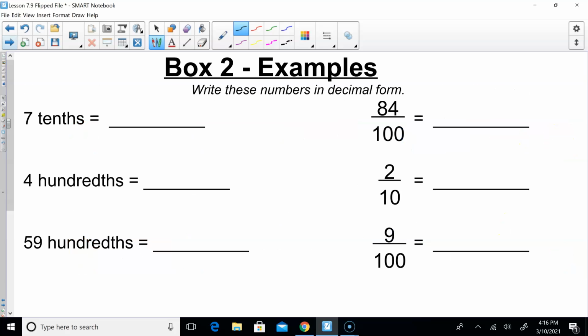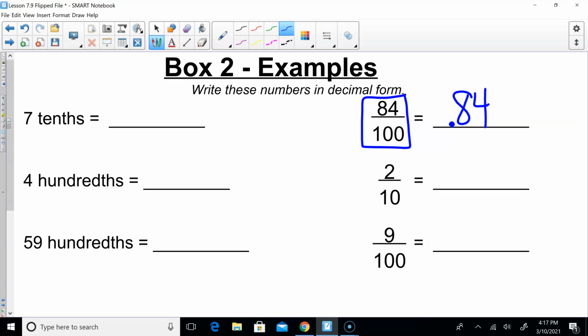And now we're going to write these numbers in decimal form. Sometimes when I write these out, I like to start with fractions first because I find them easier to write. I'm going to start on this side. 84 hundredths. Well, 100 would be a whole, so I put a 0 here, and I have 84 of them, so I would put 84 hundredths.